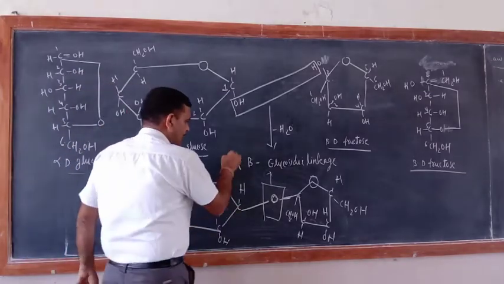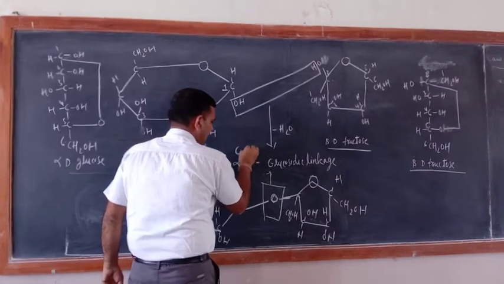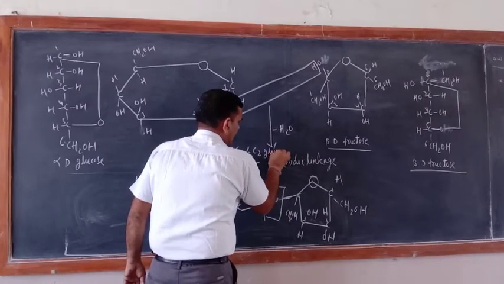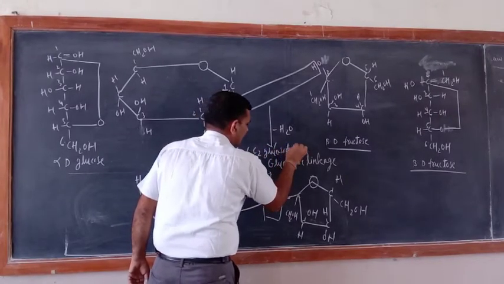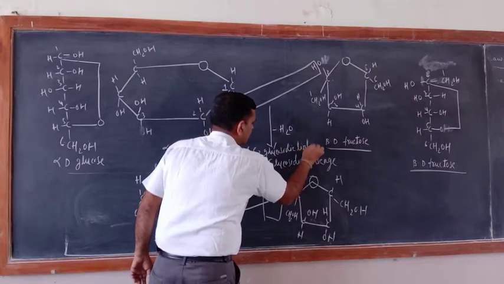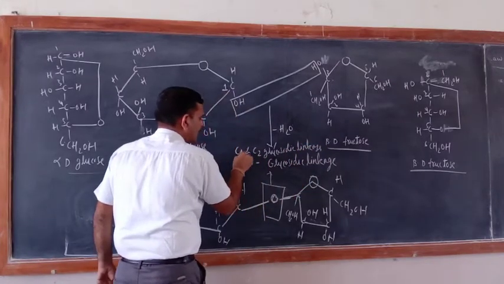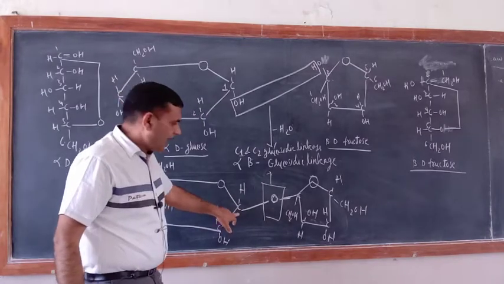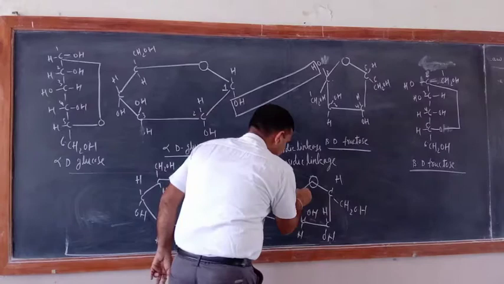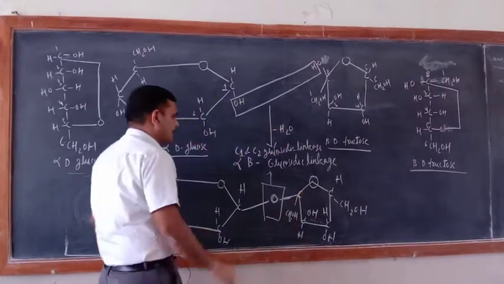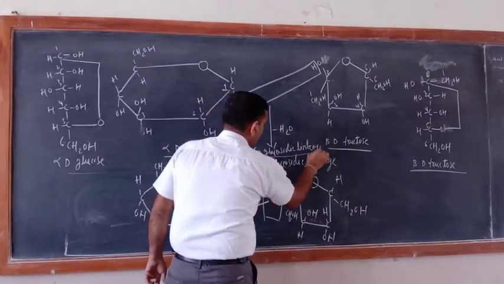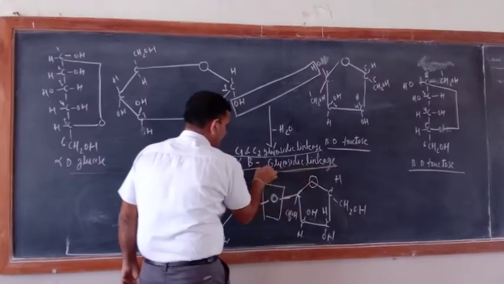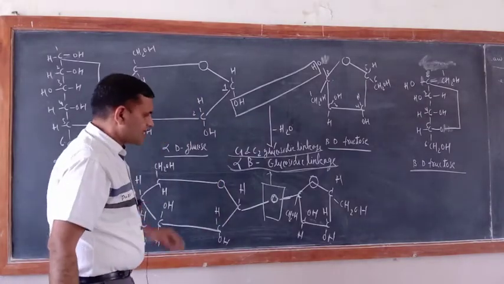This is known as the C1-C2 glycosidic linkage, because C1 of glucose and C2 of fructose are involved in this glycosidic linkage. It is also known as the alpha beta glycosidic linkage. Is there any problem?